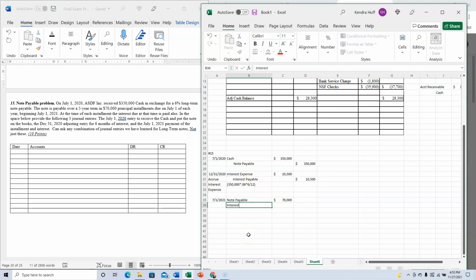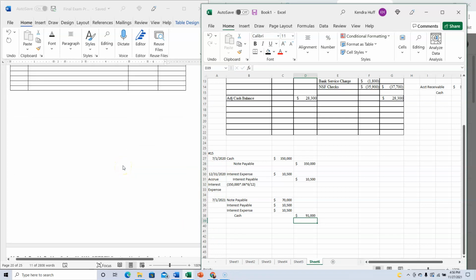So interest payable comes off. We have interest expense for another $10,500 because it's been 6 months in the new year. And then cash comes out for the total. And that's it for number 15.